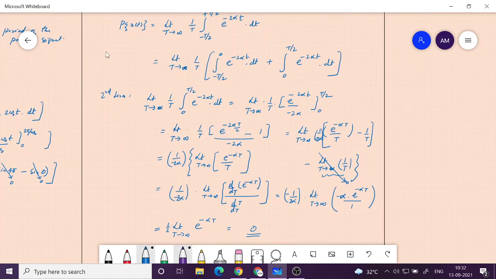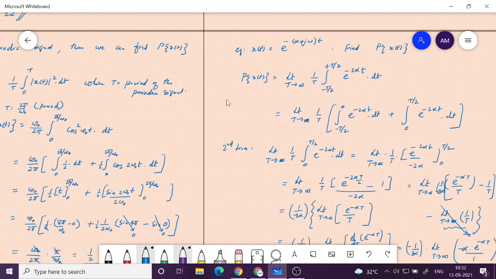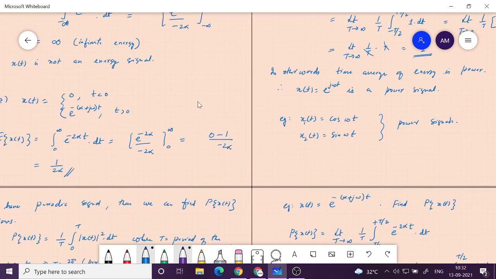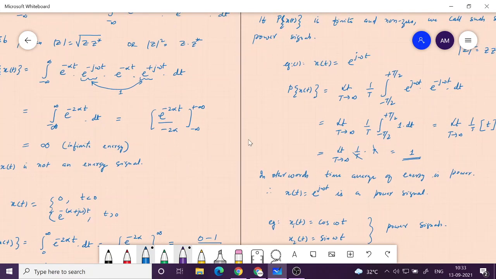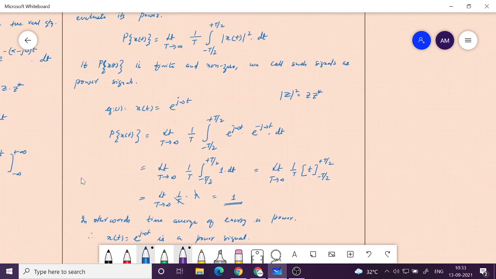So what did I say while defining the power signal? I said something, I don't know whether you noticed or not. So here it is.